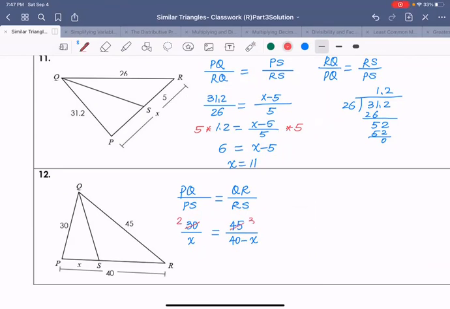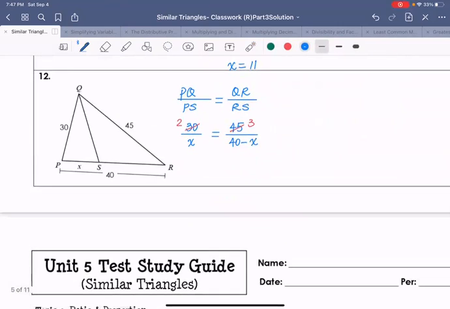Good. One more step. And then cross multiplication. 40 minus X over 2, 2 times, this equals to 3x. Okay.